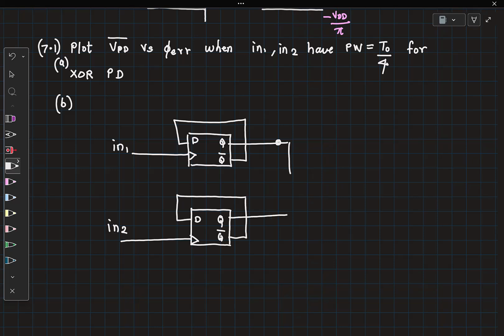And their outputs are then passed through an XOR gate. And this is what I'm calling my VPD.